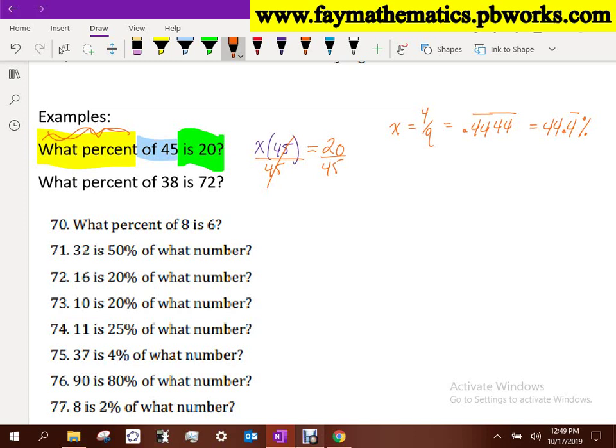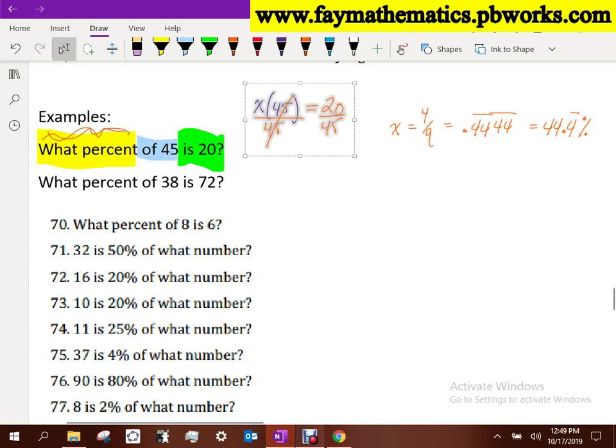Okay, so that was that question. Let's see if anything is different with the next question. The next question says, what percent? So is that the same thing here? I'm going to use maybe P here for my variable. Doesn't matter what you choose.